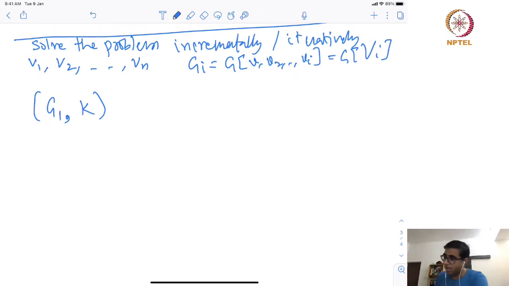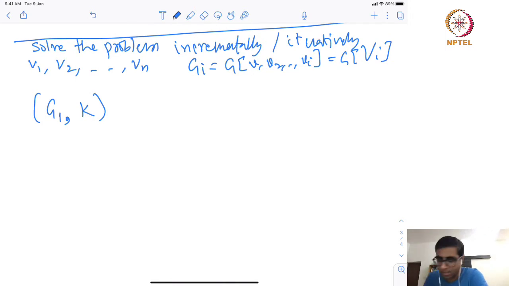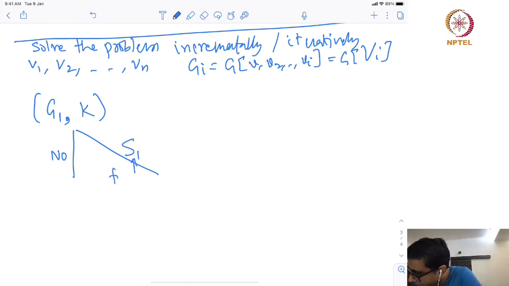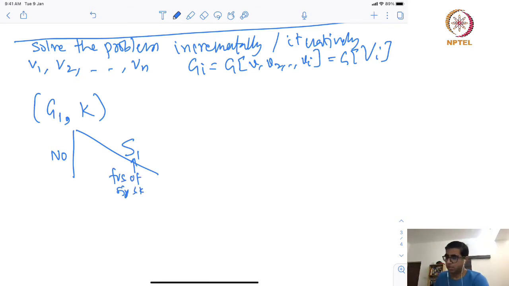Okay. So, now I ask G_1 comma k. There could be two answers. One could say no, or it says, here is your feedback vertex set of size at most k. So I know that this small G_1 comma k is good for me. I can solve this.